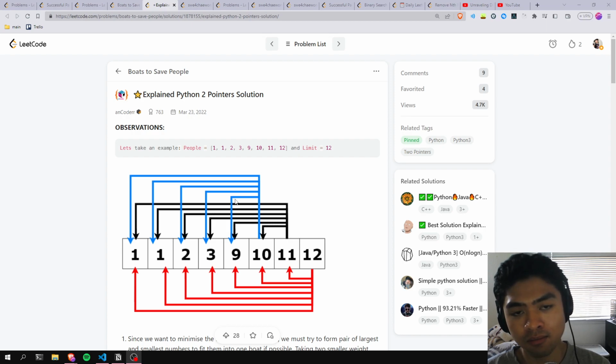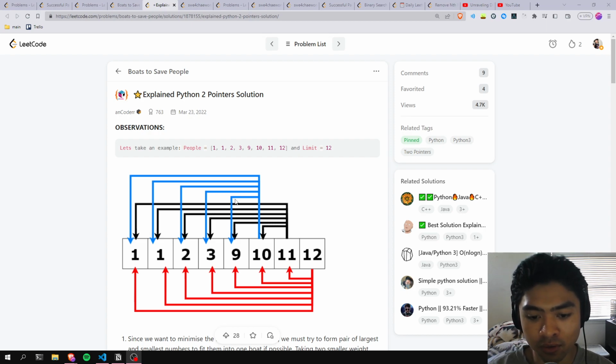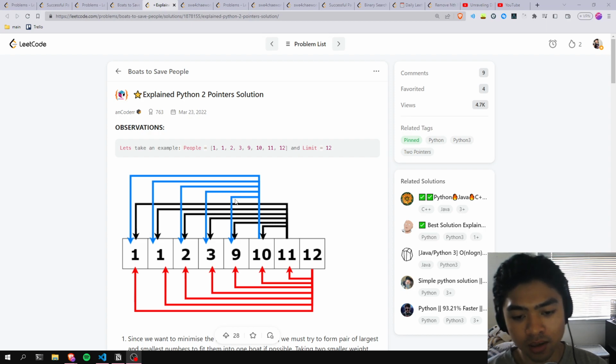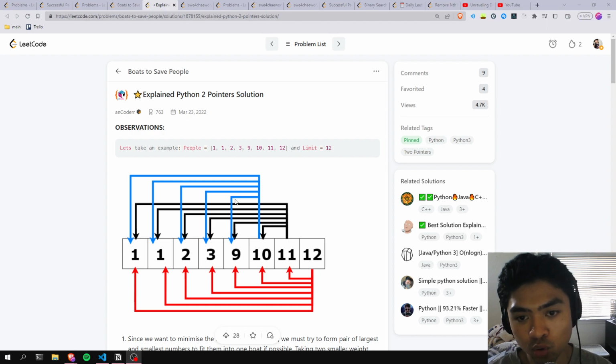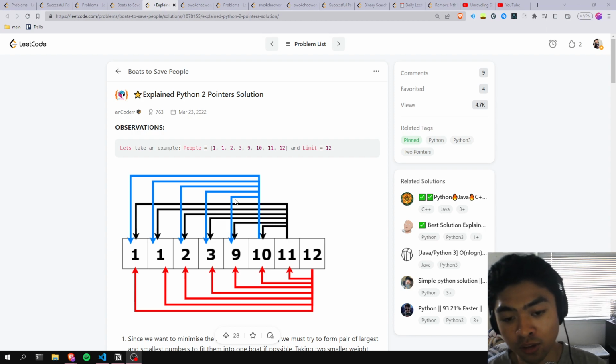Like with 11 and limit 12, do 12 minus 11, and then do binary search to find the difference.